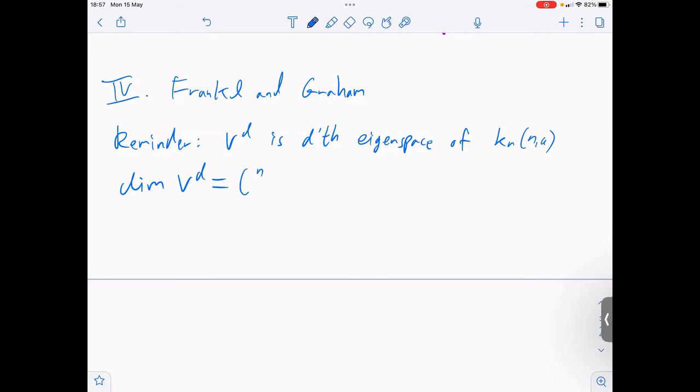It is n choose d minus n choose d minus 1. Let's say I'm trying to construct a basis for Vd. Then my index set needs to have exactly this size, so it needs to be counting something. And it's not so obvious what it's counting.